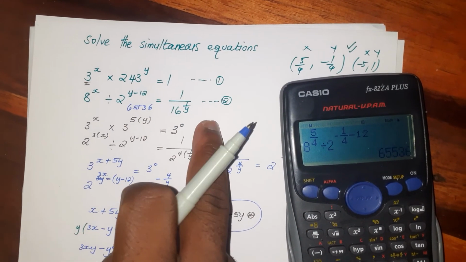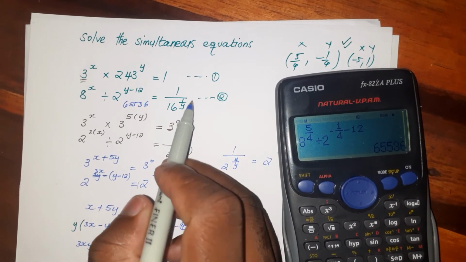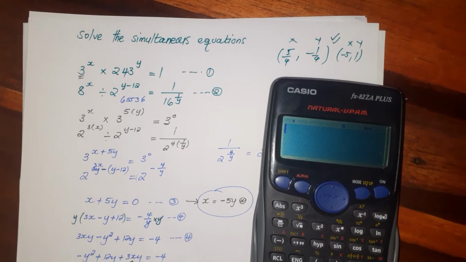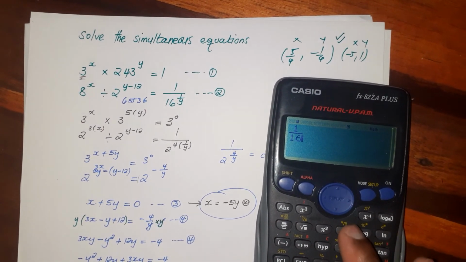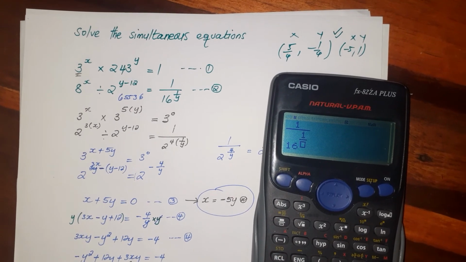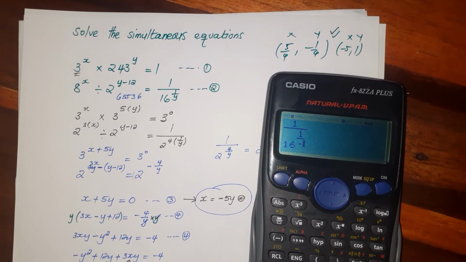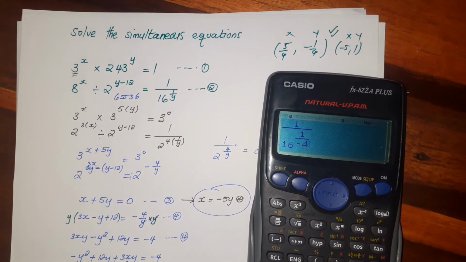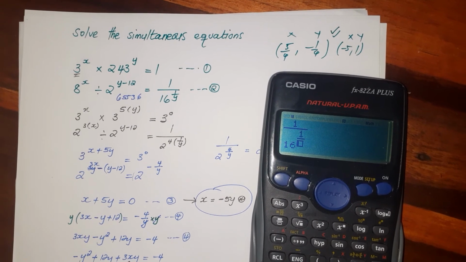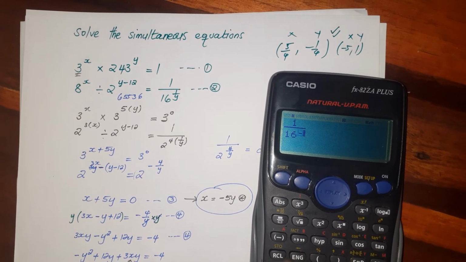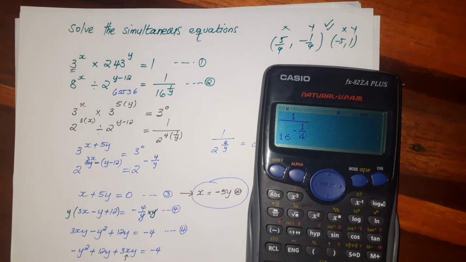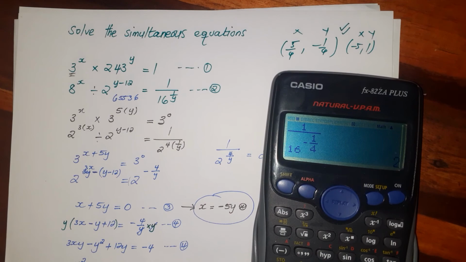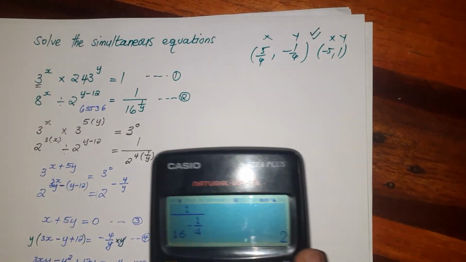Let's see if we are getting the same number this side when we substitute negative 1 over 4 in the place of y here. We have 1 over 16 to the power 1 over negative 4. Yeah, wait, this should be negative 1 over 4. Okay, this side we are getting a 2. Let me see.